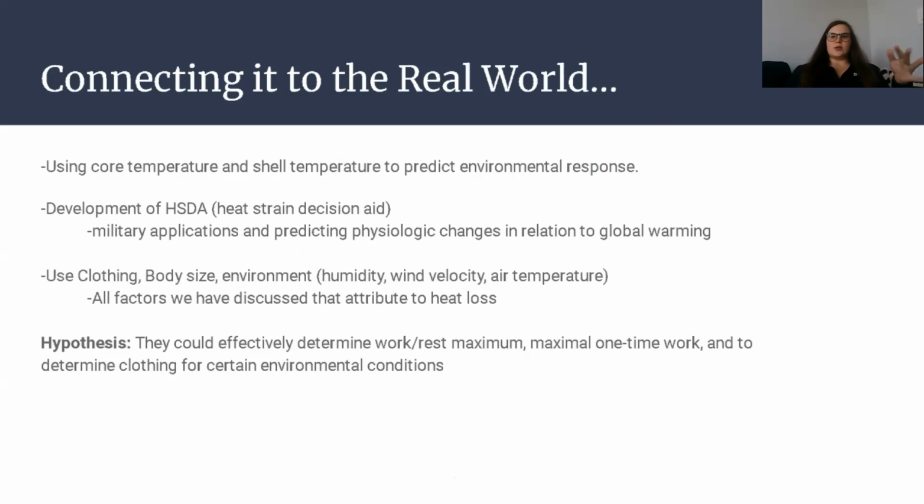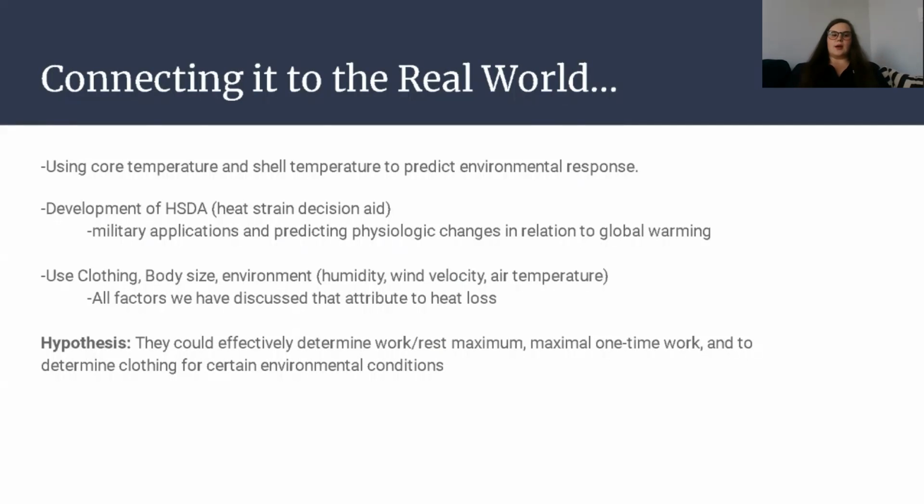So when we're connecting it to the real world, the paper that I found was using the core temperature and the shell temperature to predict a response to what's going on in the environment. Excuse me. So the military was trying to develop this HSDA, which is a heat strain decision aid.